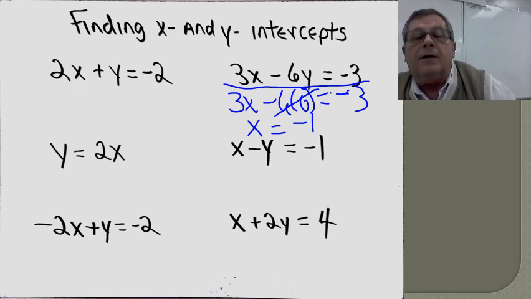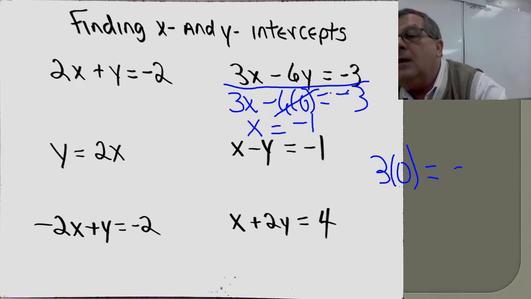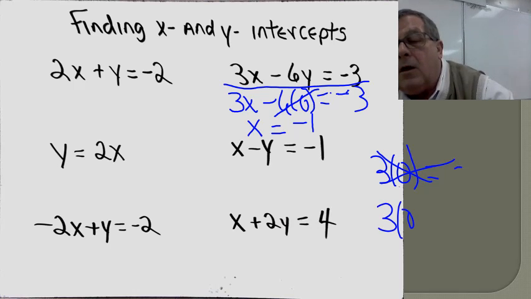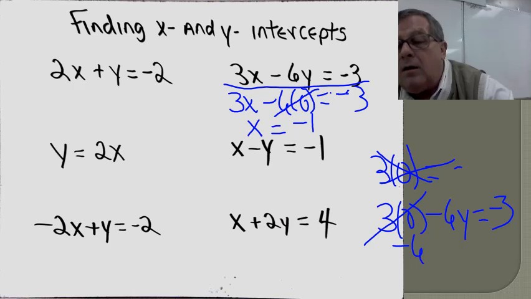Okay, now what about the y-intercept? Well, I set x equal to 0. So I've got 3 times 0 minus 6y equals minus 3. Well, 3 times 0 is 0, so now I've got minus 6y equals minus 3.